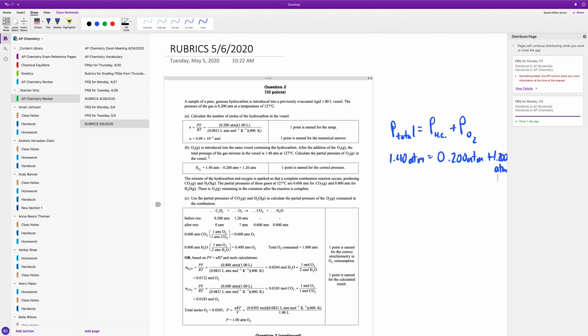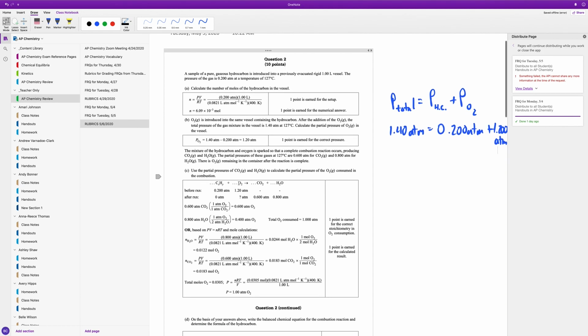So use the partial pressures to calculate the partial pressure of oxygen consumed in the combustion. Use the partial pressures of CO2 and H2O. Something important to recognize here is we know the pressures of the individual components and their temperatures and volumes. So we can figure out the number of moles of carbon dioxide and water. And notice something really important about these chemical formulas. They both have oxygen in them.